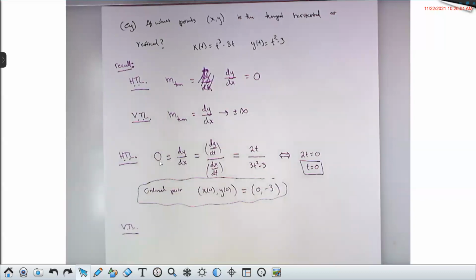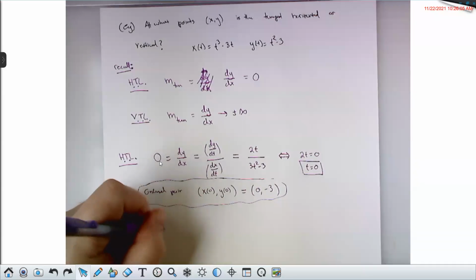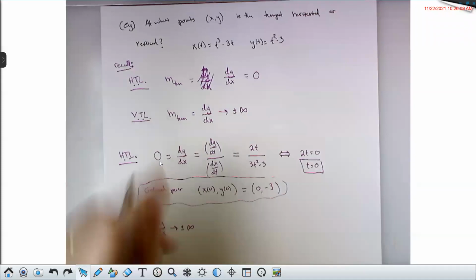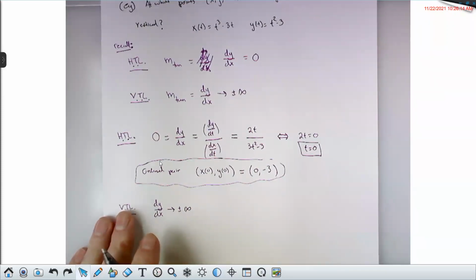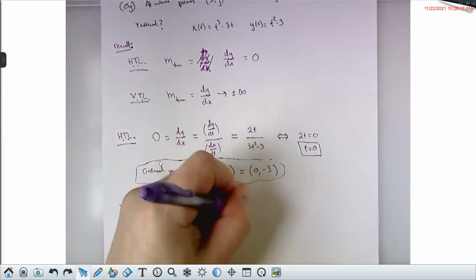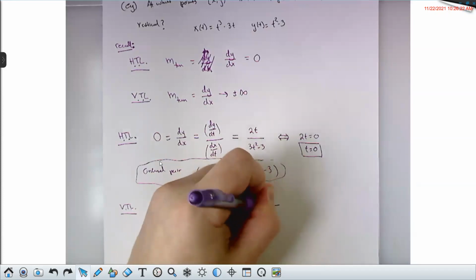Vertical tangent line. These would be places where dy dx is blowing up to plus or minus infinity. And dy dx, we calculated already, is 2t over 3t squared minus 3.